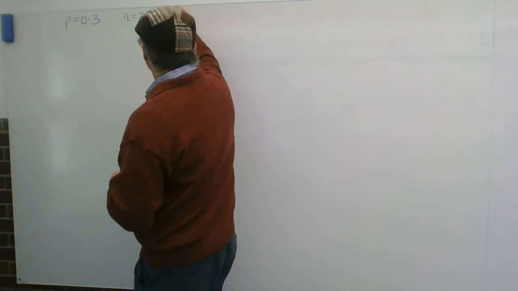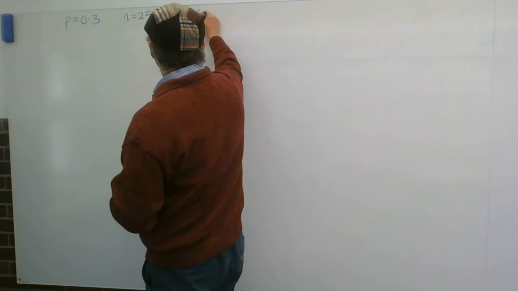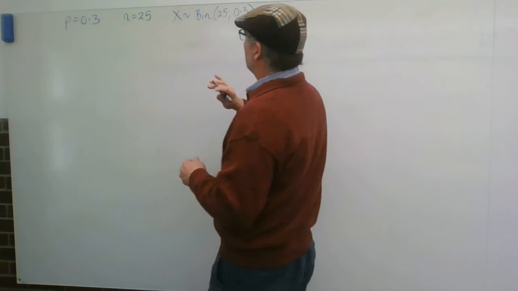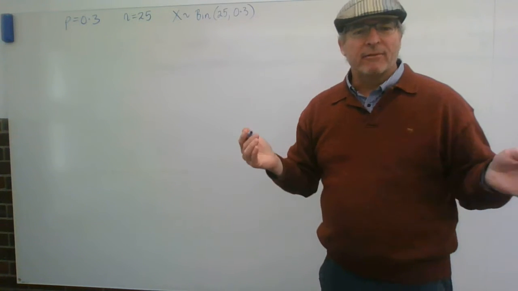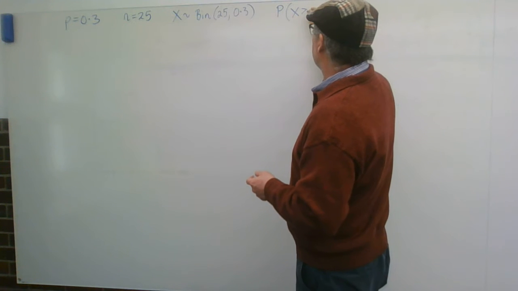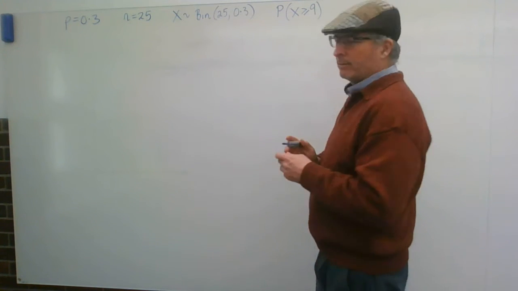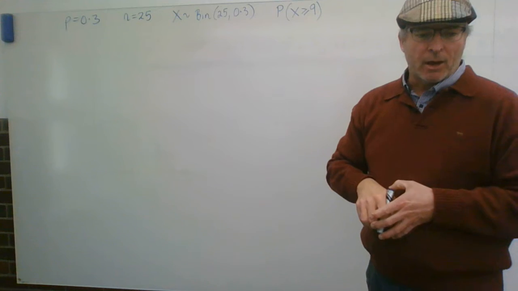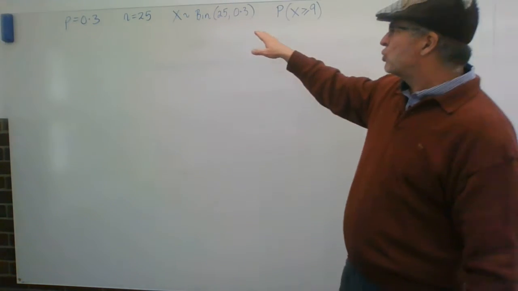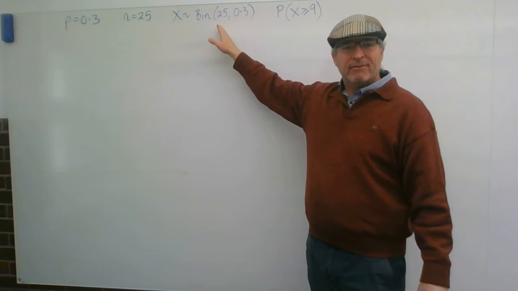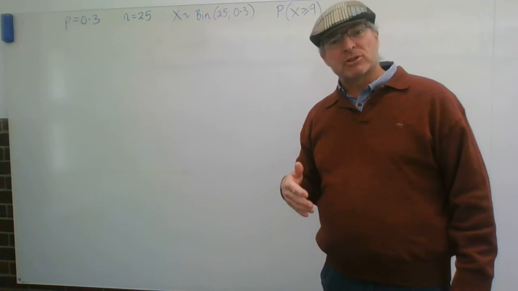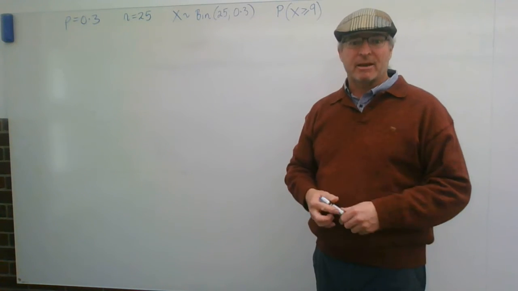So we've got this binomial, 25, 0.3. And let's try to find the probability that the random variable turns out to be bigger than or equal to 9. Because there are 25 different trials, working that out precisely by hand is going to be quite a big effort.